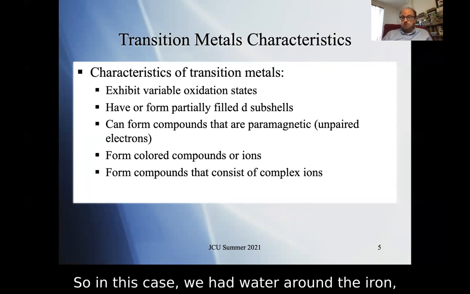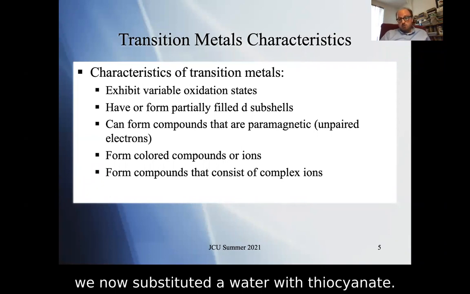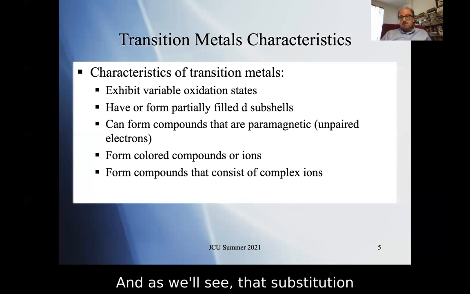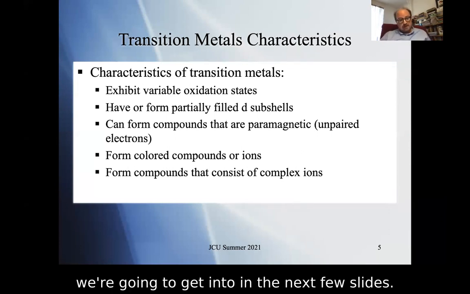In this case, we had water around the iron, and we now substituted a water with thiocyanate. So, the continuation of that story, those are complex ions. And as we'll see, that substitution of a water for the SCN minus is something called ligand substitution, which we're going to get into in the next few slides.